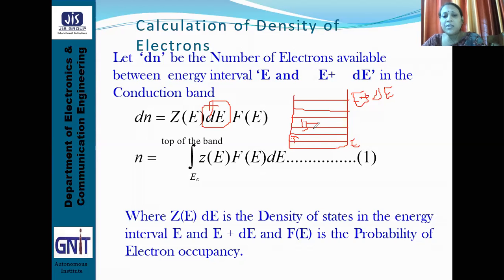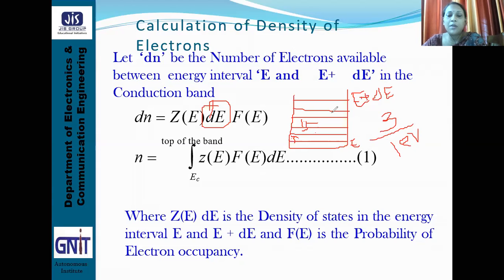So within this energy gap, how many energy states are there? 1, 2, 3. So 3 energy states are there in 1 electron volt energy gap. So the density of states is 3.